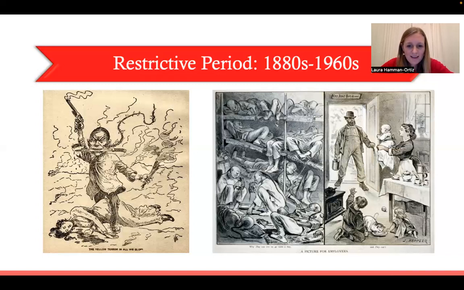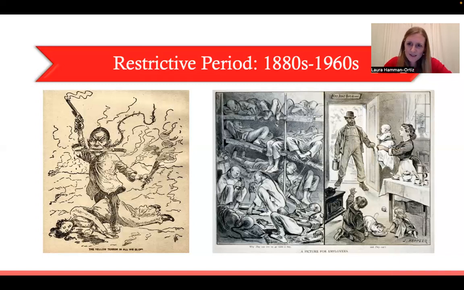But if you look at the caption underneath in very small font, it says, "Why they can live on 40 cents a day," and then in the picture to the right, "and they can't." So it's positioning Chinese immigrants as living in these terrible conditions, but being able to, because that's fine. They're able to live like that.